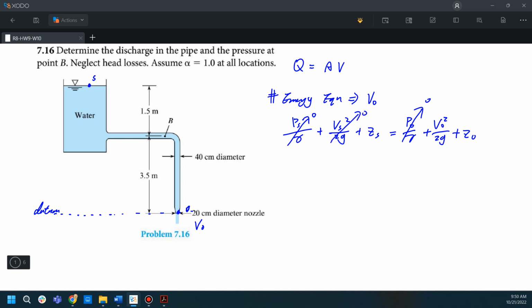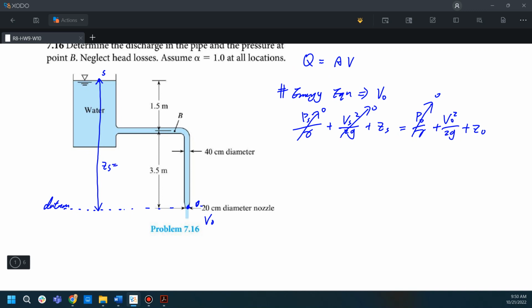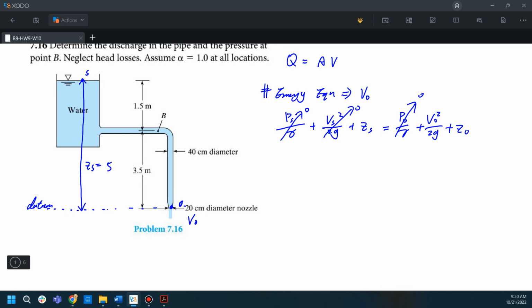So we only have the rest of the terms. We already defined our datum here, so this point has Z equal to 5, because 1.5 plus 3.5 is equal to 5. So 5 equals the velocity term plus Z naught, which is 0 in this case.